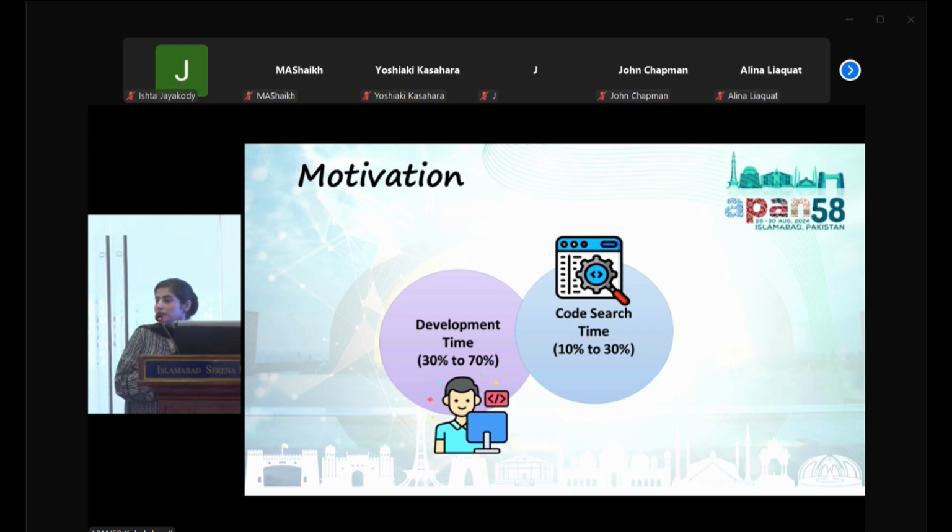According to a study published by the Pakistan Software Houses Association, 30 to 70% of the developers' time is spent on actual development, whereas 10 to 30% of the time is spent on searching for the desired piece of code.